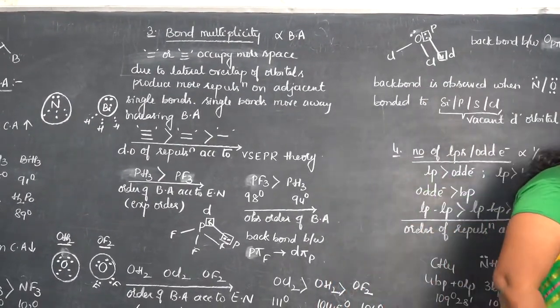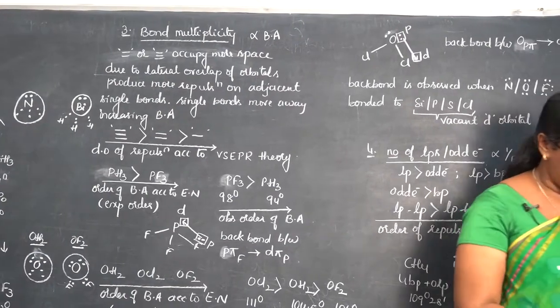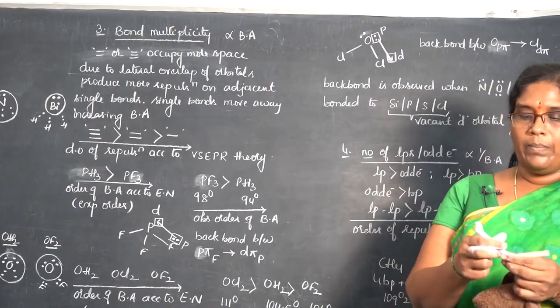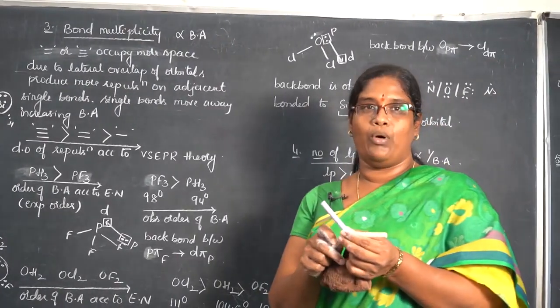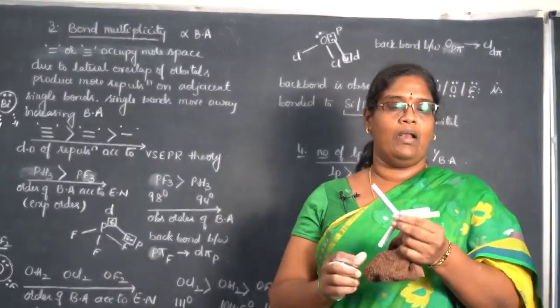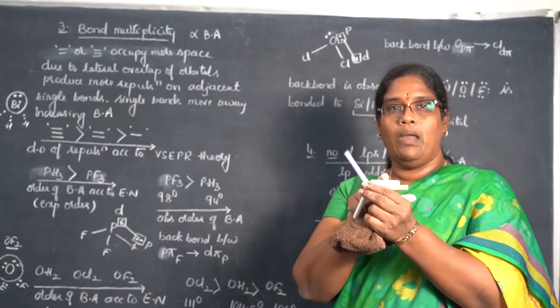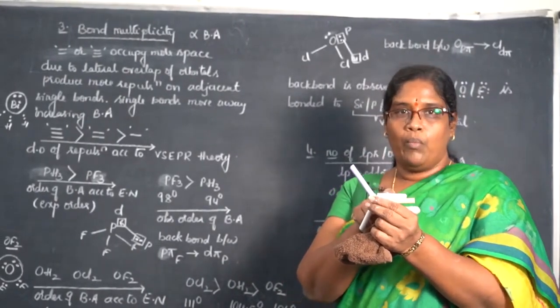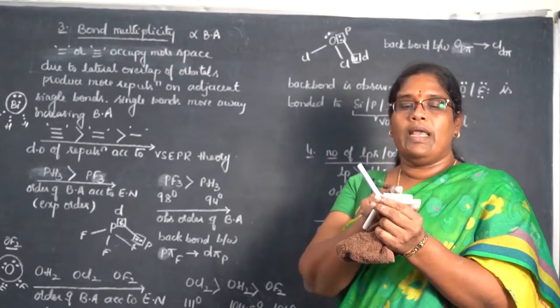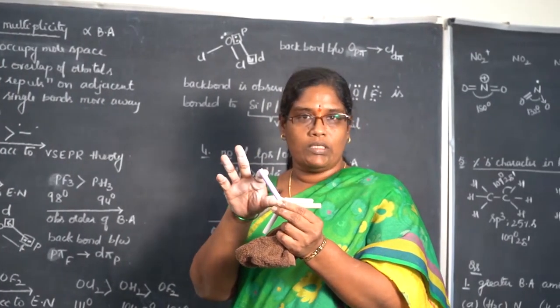So what is the effect of bond multiplicity on bond angle? When we take double bonds or triple bonds, these bonds are formed by the lateral overlap of orbitals. So double or triple bonds occupy more space, therefore they readily produce more repulsions on the adjacent single bonds.